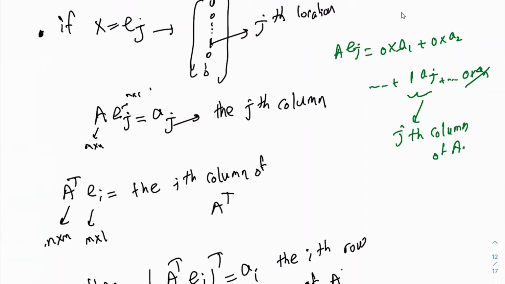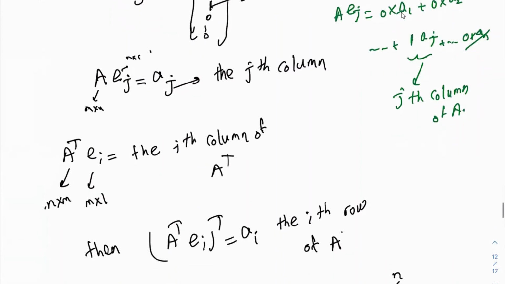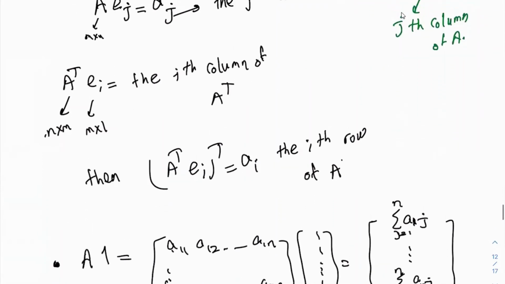Now A transpose times ei takes the ith column of A transpose. As I said, you can define A transpose to be B, so it takes the ith column of B. So this is easy. But then let's talk about the transpose and the properties of a transpose. So let's look at this.